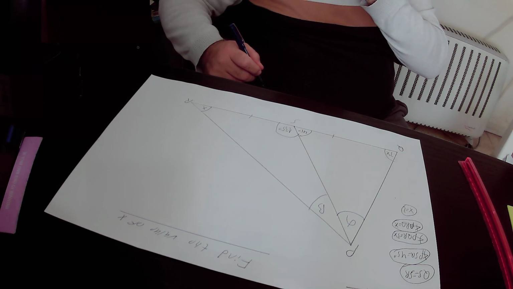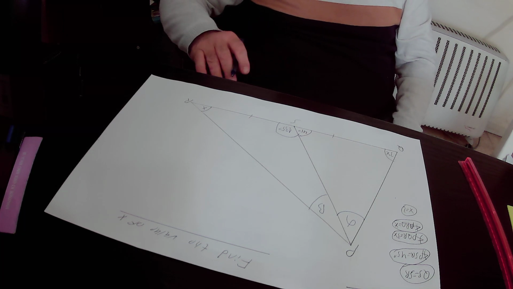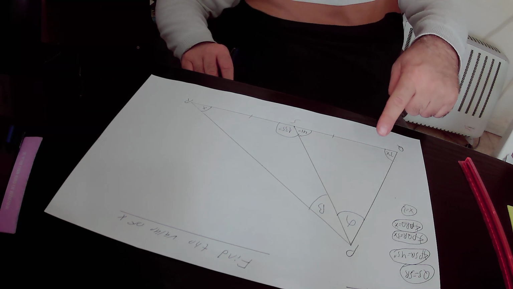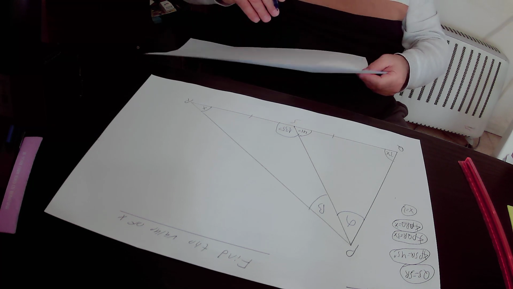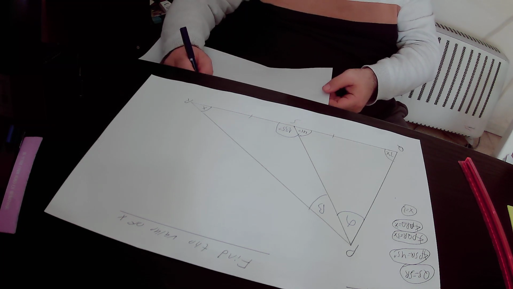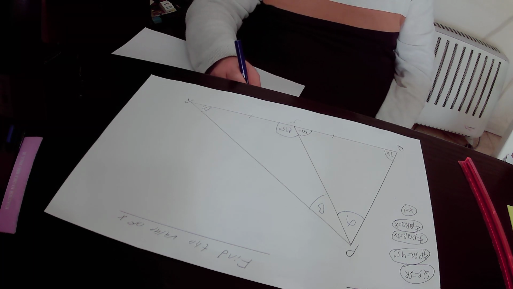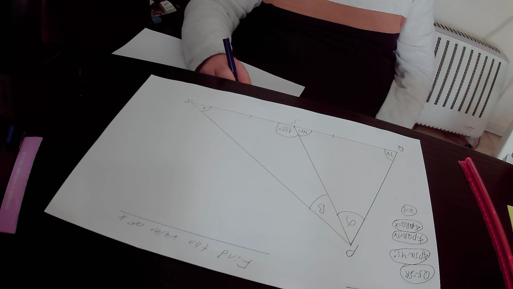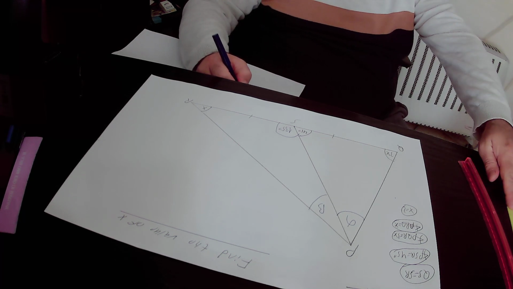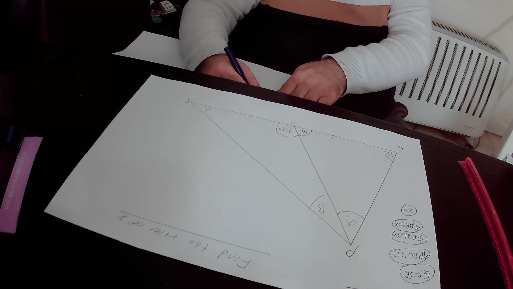And we know that the sum of the angles in any triangle is equal to 180 degrees. So if we focus on triangle PQS, the sum of its angles is equal to 180 degrees.